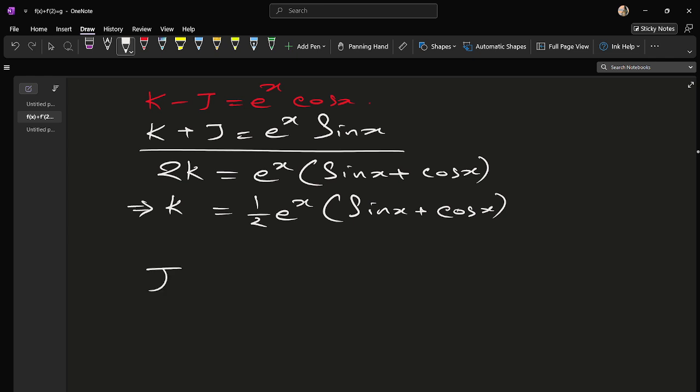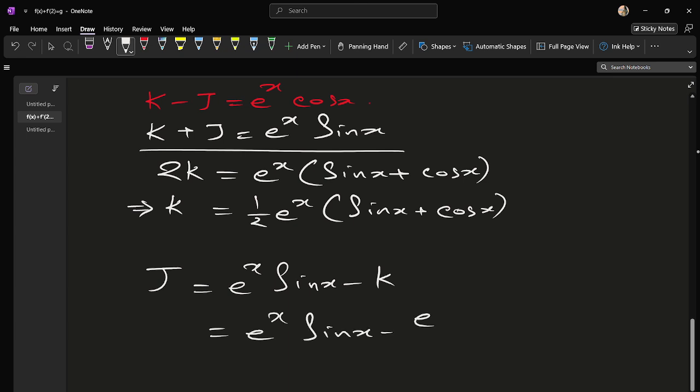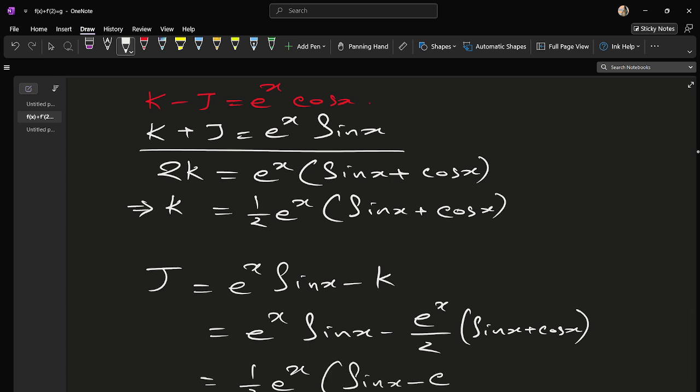Our j is equal to e to the power x sin x minus k, which is e to the power x sin x minus e to the power x by 2 times (sin x plus cos x). So that will be half e to the power x (sin x minus cos x). So we got this.